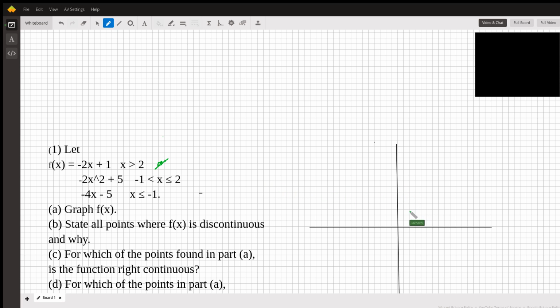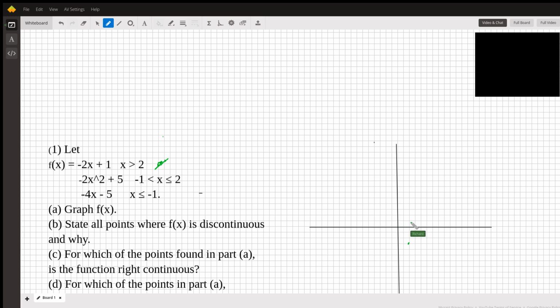So we know that it has an intercept of 1 and it has a slope of negative 2. So you could think of it as here, and then we're going to go down 2 over 1, down 2 over 1. So this would be the next point. And then down 2 over 1, this would be the next point.